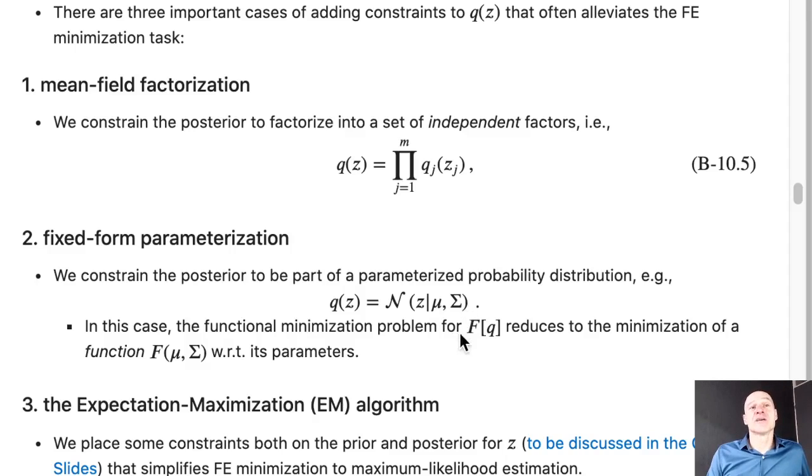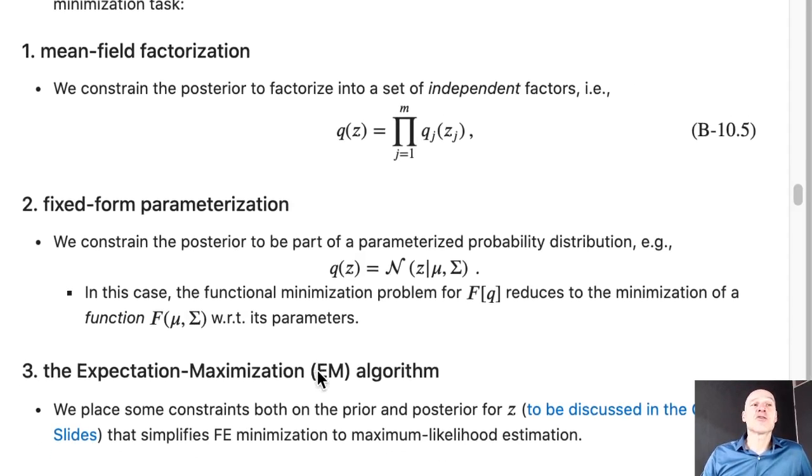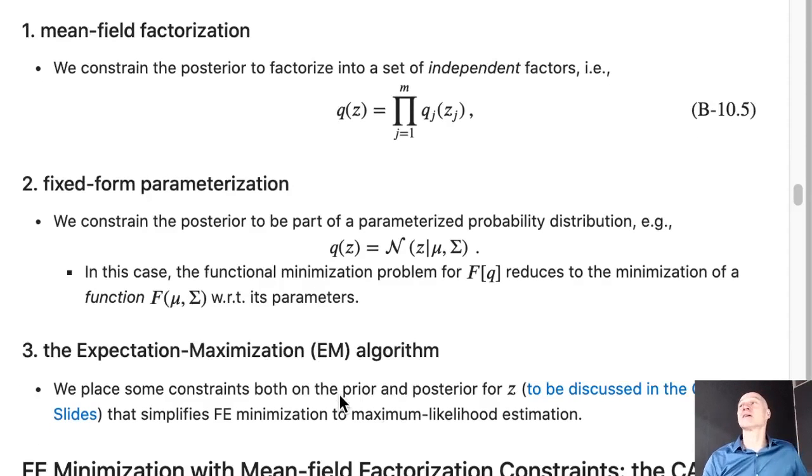If I do that, then my function f of q now reduces to a function of the parameters of q. So now I have a regular function of parameters, and I can just try to minimize that function by some optimization library. The third form is to basically cast maximum likelihood estimation as a free energy minimization problem.